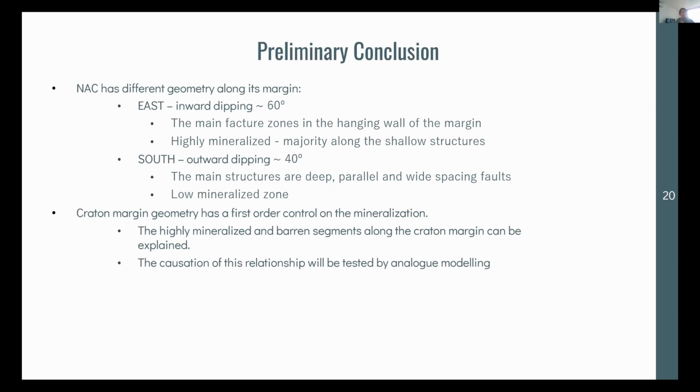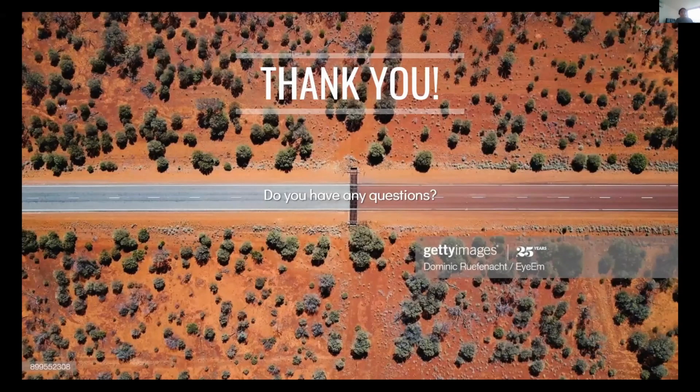The whole story around structure patterns is also different. So we think we can somehow explain why some regions are highly mineralized and some segments are barren. And we hope to investigate the causation of this relationship further with analog modeling. Thank you so much.